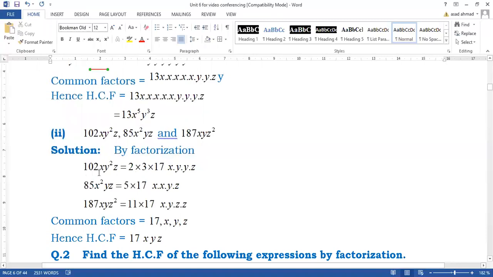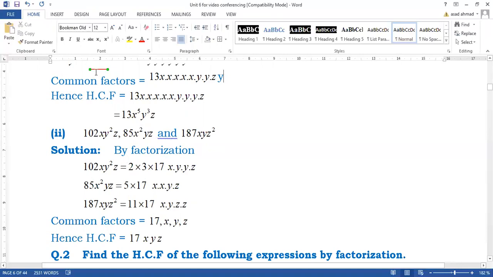You will break up 102 as 2 into 3 into 17, x, y, z, and y raised to power 2 will be written as such. Similarly, these two other numbers will also be converted as multiples of prime numbers, and then you will see what is common.